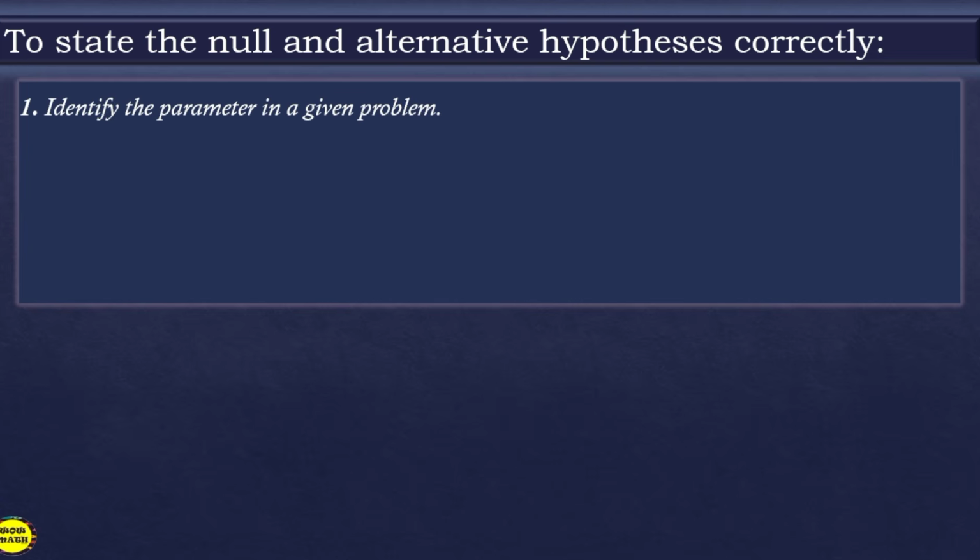So, to state the null and alternative hypothesis correctly, so first, identify the parameter in a given problem. So, yung topic before ito, di ba, diniscuss doon how to identify the parameter in a given situation or in a given problem. So, pwede natin balikan yon kung paano i-identify yung parameter sa given problem.